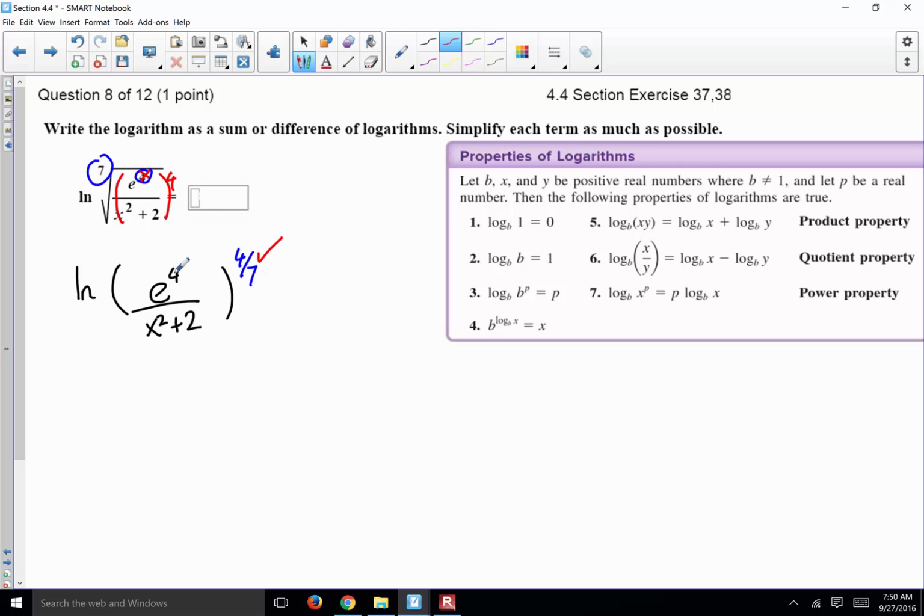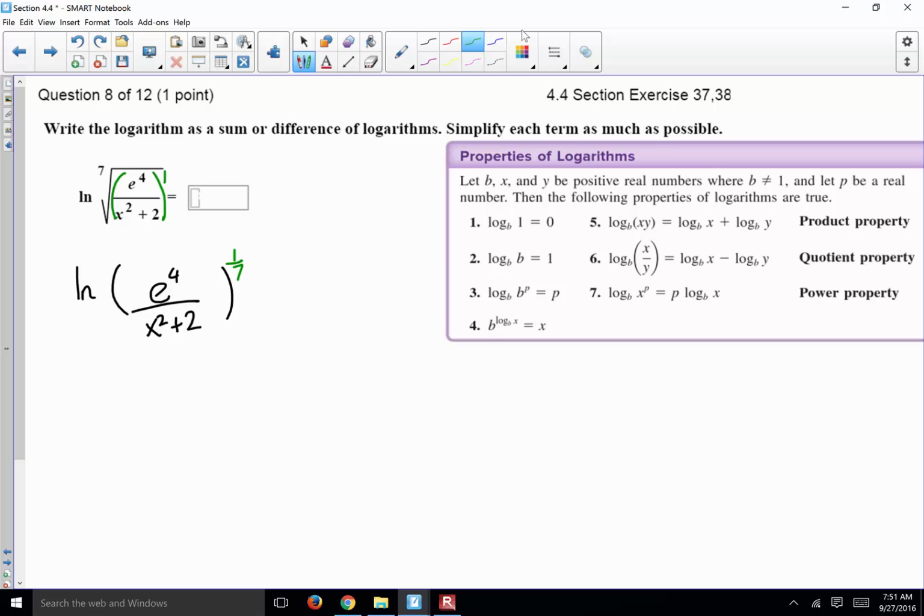However, this 4 only belongs to e. We can't treat it as a power of the entire inside. So what is the power of this entire inside then? It's just the first power. Unless you can factor a power from these, the default power of anything is just 1. So it's 1 over 7, the new power. Okay?